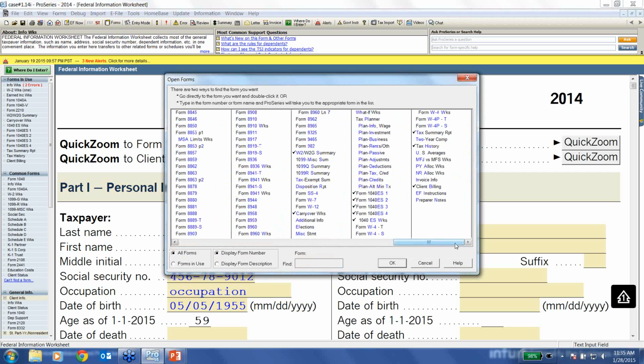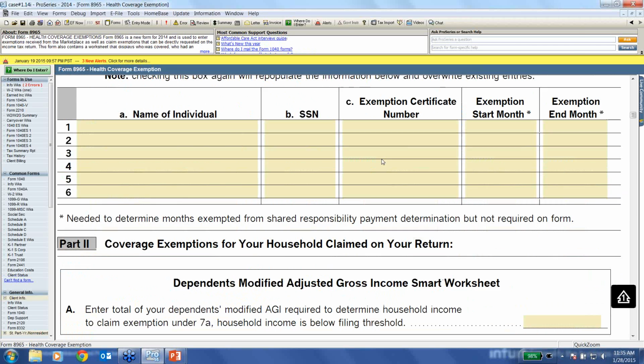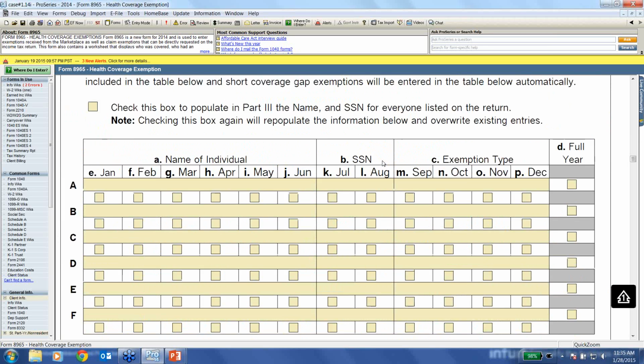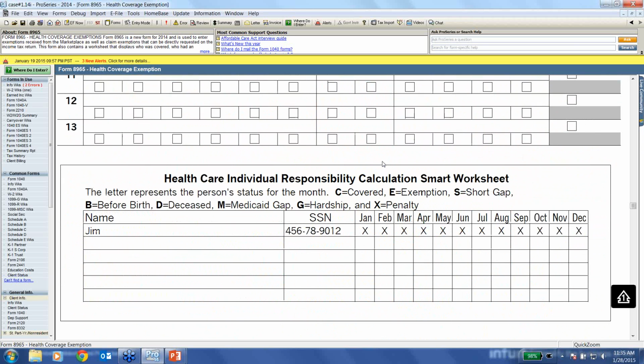That's going to be a subset or a worksheet within the Form 8965. If you look in the Form 8965 instructions, the government instructions, they have a worksheet on how to compute the penalty.